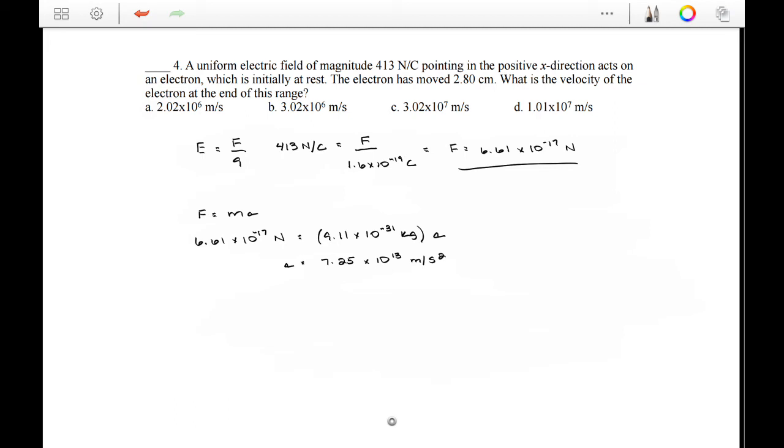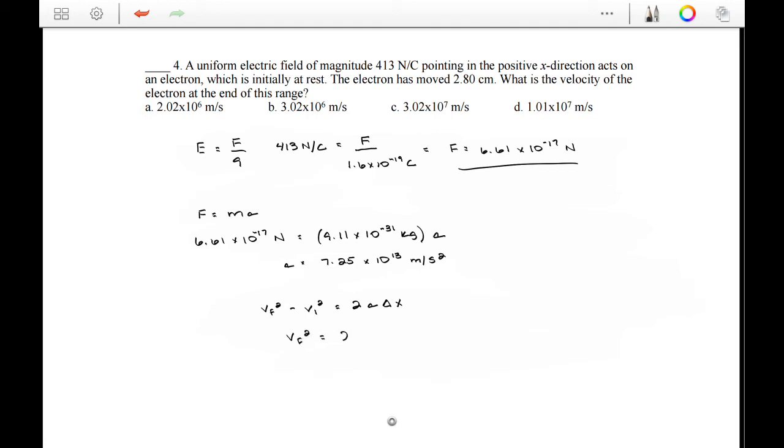And so the kinematic equation that I want to use is the one that has the distance, final and initial velocity, and acceleration. So that is v final squared minus v initial squared is equal to 2 times acceleration times delta x. And it says that the electron was initially at rest, so I can put a 0 in for the initial velocity.